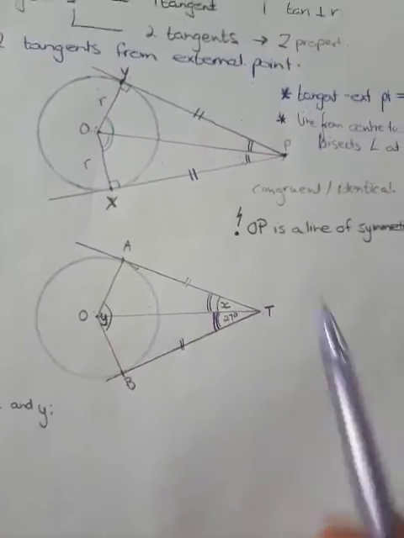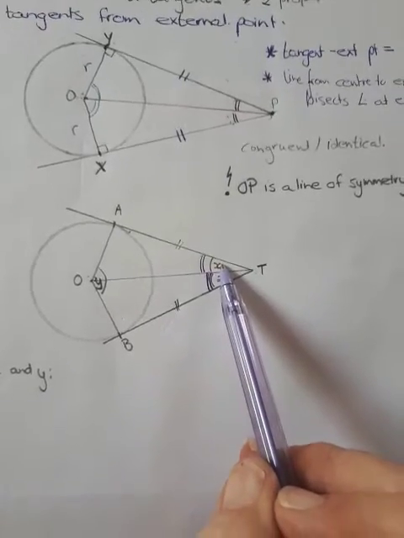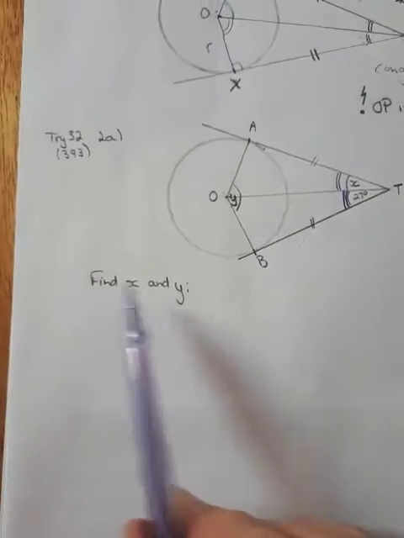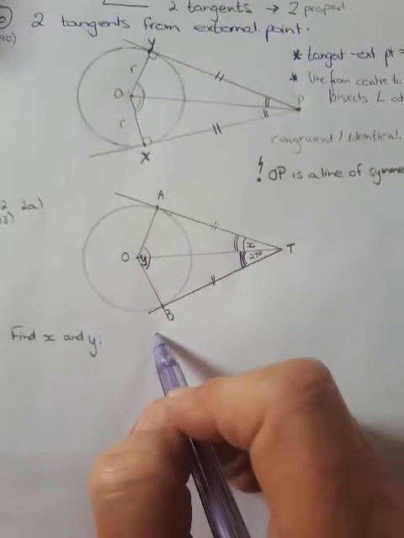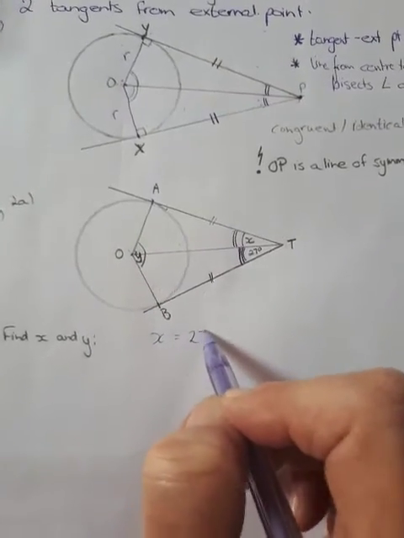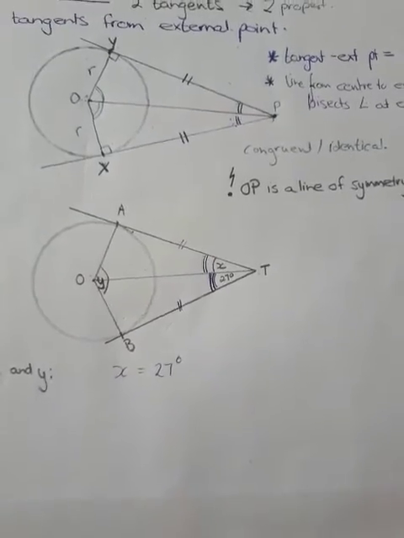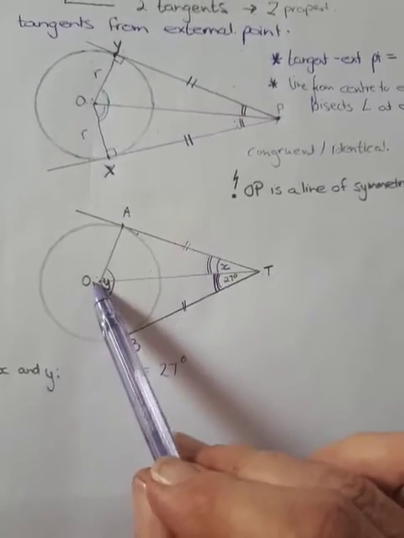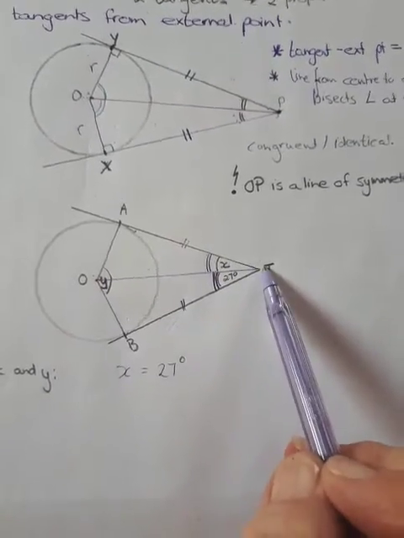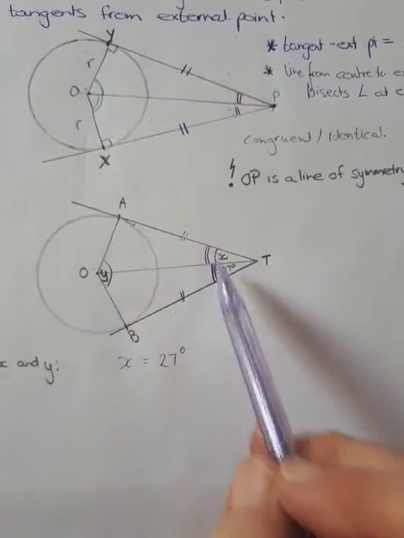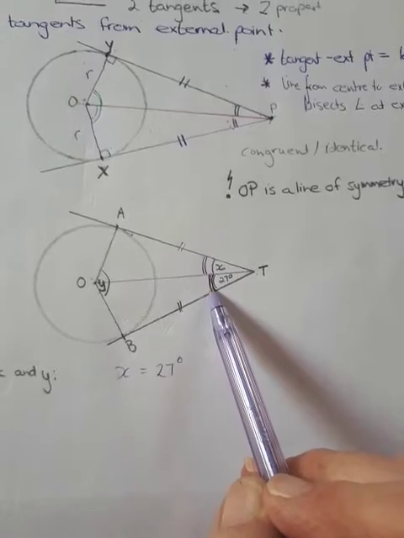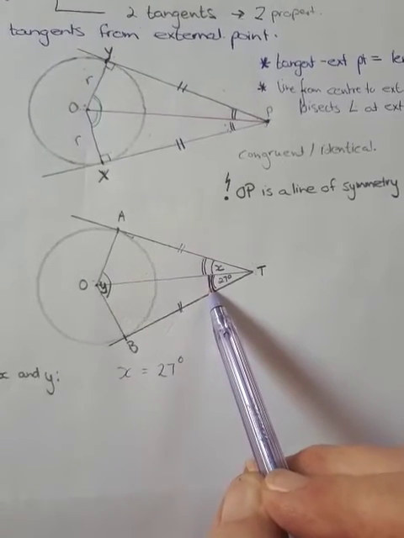All right, and if you now look at the instruction, which says find x and y, already you simply know that x is 27 degrees, because remember this line OT is a line of symmetry. It bisects the angle at the external point.